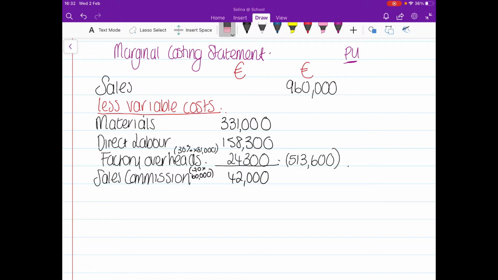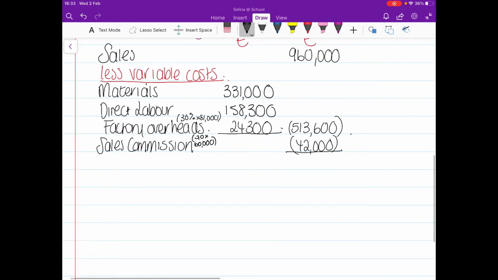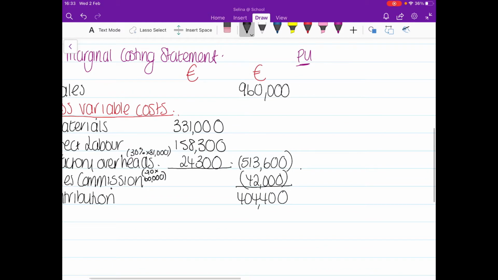Taking my variable costs away from my sales leaves me with a contribution of €404,400.